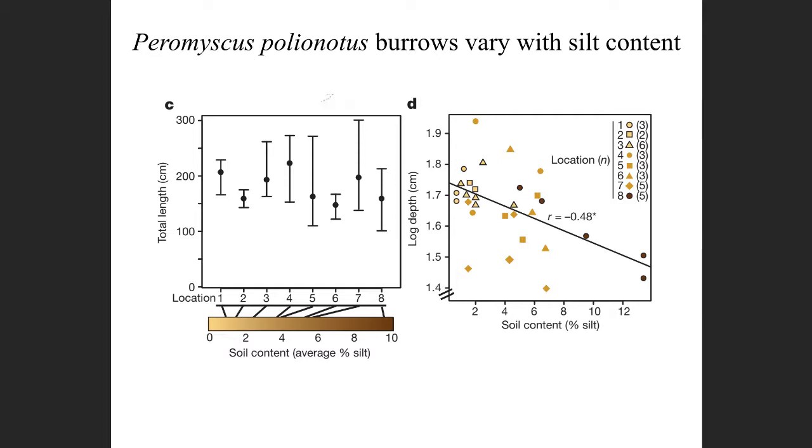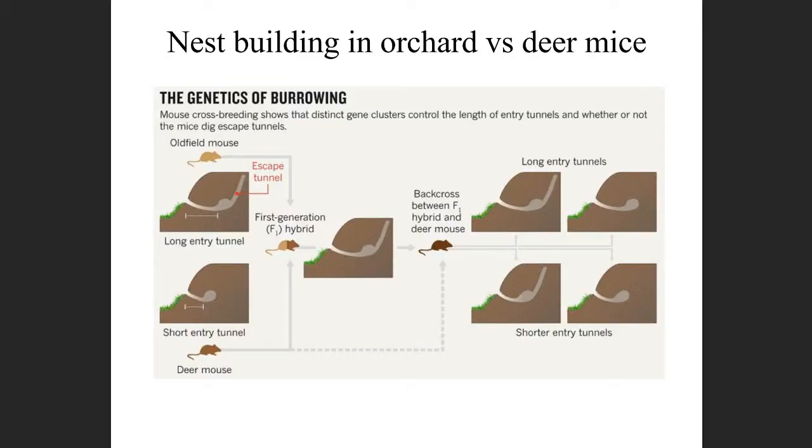The greater the silt content, I think the easier it is to dig in the soil, and they will dig deeper burrows. But here's what's really interesting. Oldfield mice have long entry tunnels and an escape tunnel, whereas deer mice have short entry tunnels and don't build an escape tunnel.